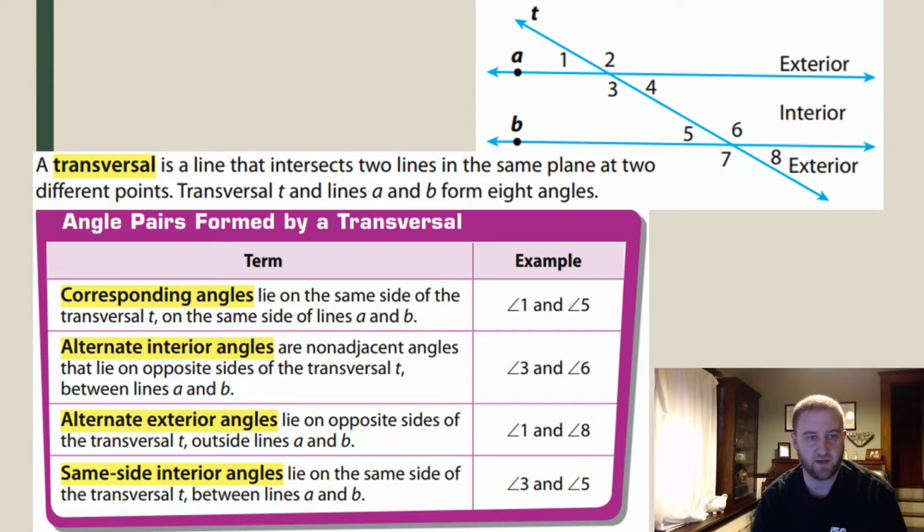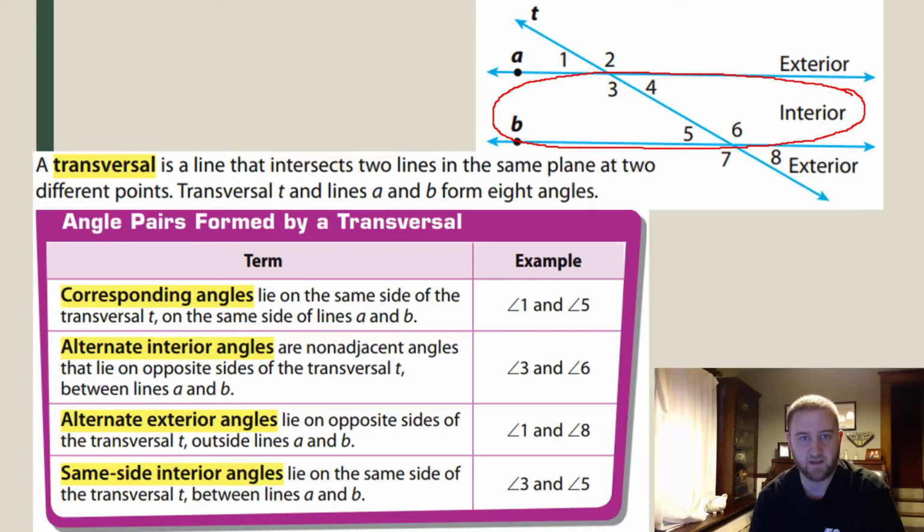Alternate interior angles are non-adjacent angles that lie on opposite sides of the transversal T between lines A and B. So you want to think about what the interior angles are. The word interior basically just means inside, so the interior angles are the ones in between those two parallel lines.